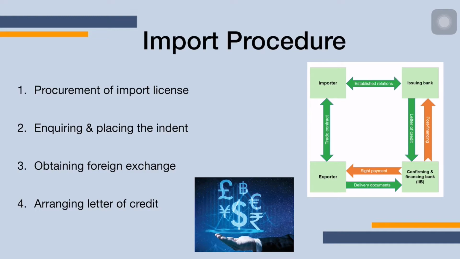As you see in the picture, there's an importer, there's an exporter, there's an issuing bank and a confirming and financing bank. So these three institutions are involved: importer, exporter, and a bank. What is the role of the bank in this transaction?